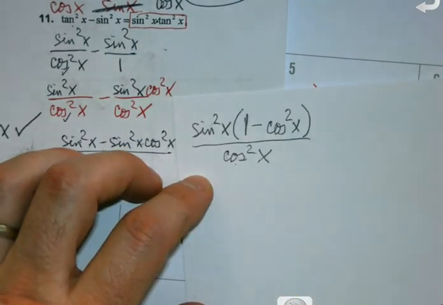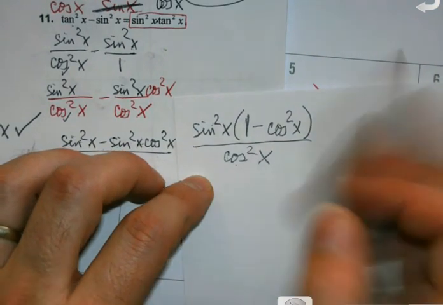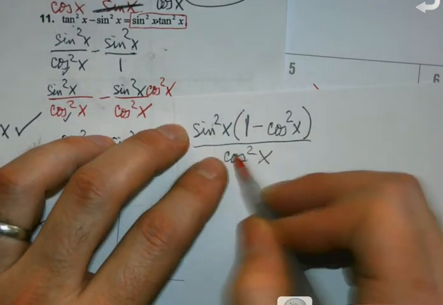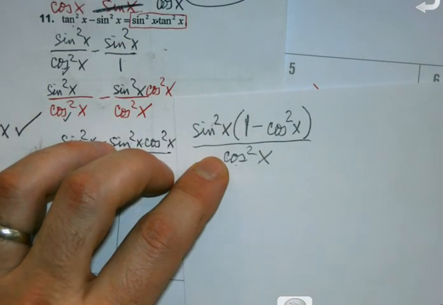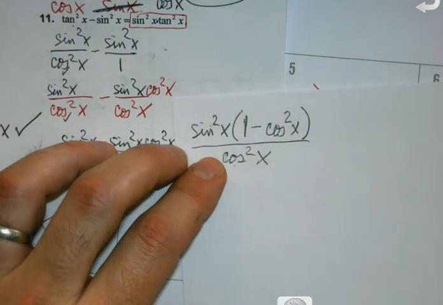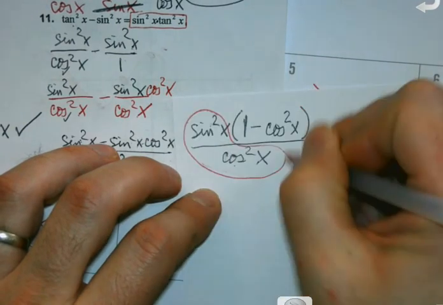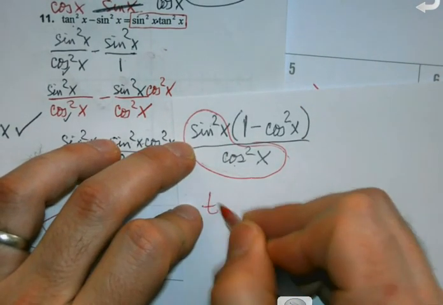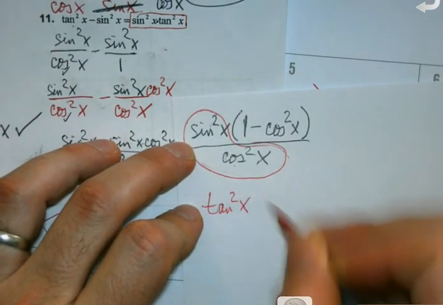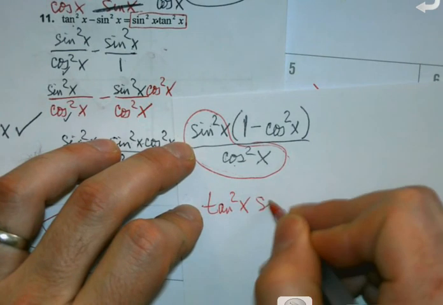They're interchangeable as far as order goes. But here's the dilemma that you're going to run into. If I just tried to deal with this part, yeah, I see what you're saying. We can get away with this. Because if I take this, that turns into tangent squared of x, and 1 minus cosine. I'll go with you on that.